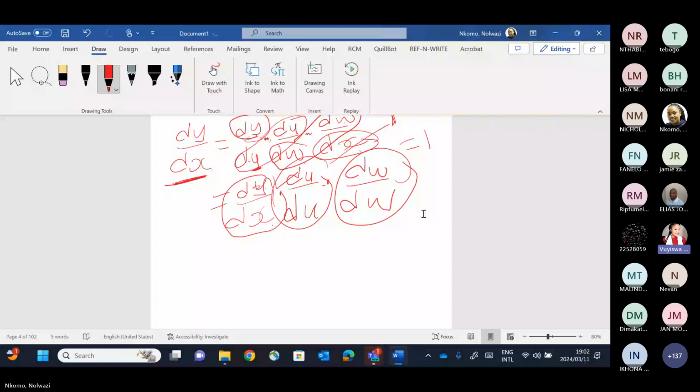It's just that I'm just looking at it. I'm not saying we need to take it. On top, what are you taking out as a common factor? We have 4x plus 15. What are you taking out as a common factor here? It's 2x.